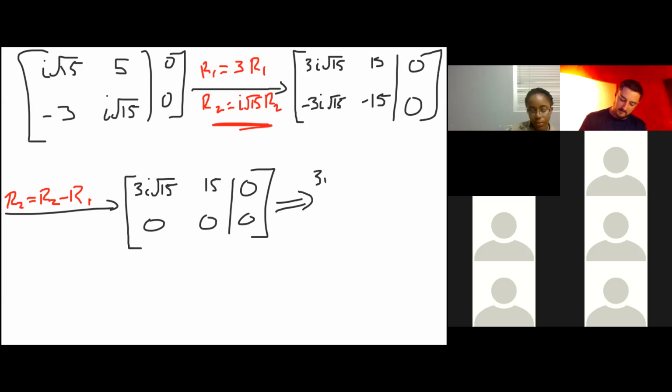So this is 3i square root of 15 times x1 plus 15 x2 has got to be equal to 0. And my x2 is what type of variable? Oh, wait. Made a mistake. It's supposed to be row 2 plus row 1, not minus. Yeah, that's it. I didn't check it because we got to where we wanted to go. But yeah, good catch.